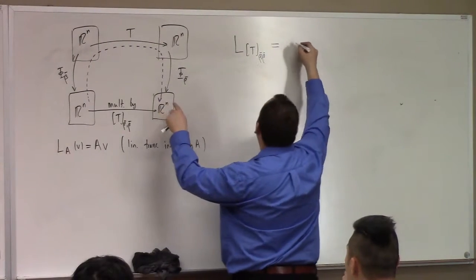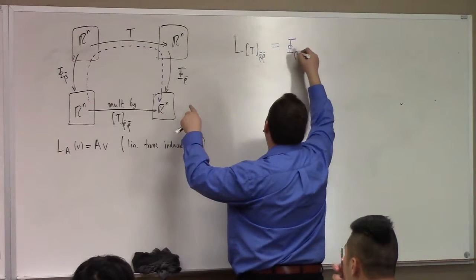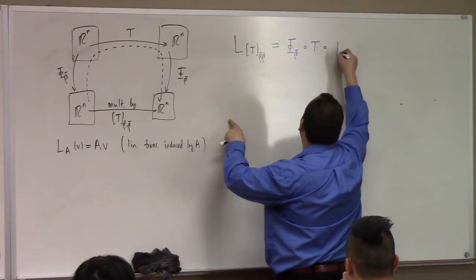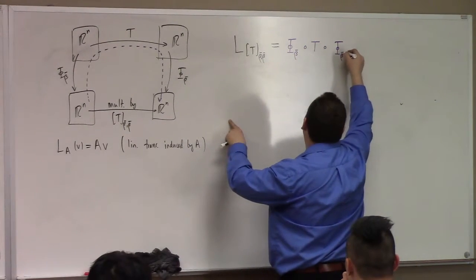Basically that is phi beta bar composed with T, composed with phi beta bar inverse.